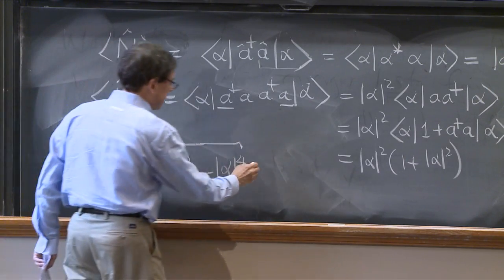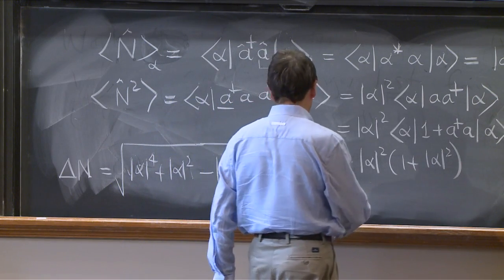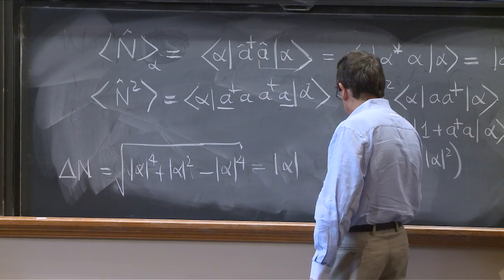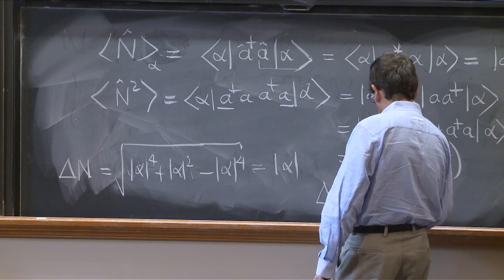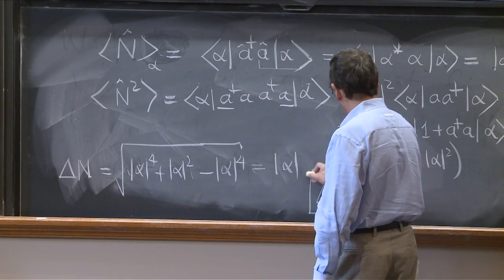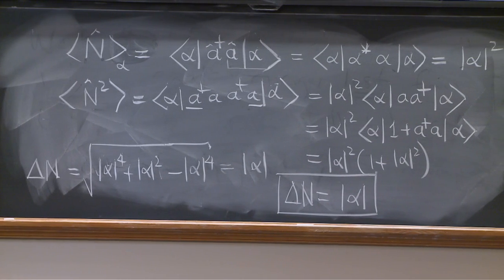And this is the length of alpha. So the uncertainty in n is just the length of alpha. Happens to be the square root of the expectation value of n.